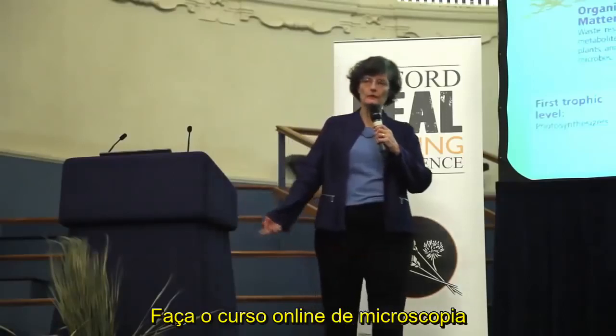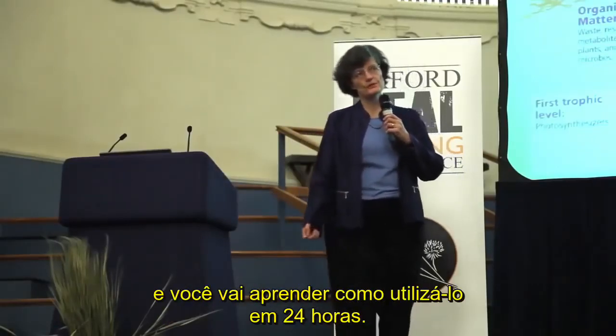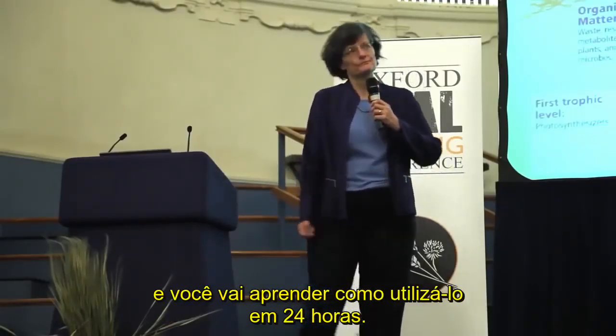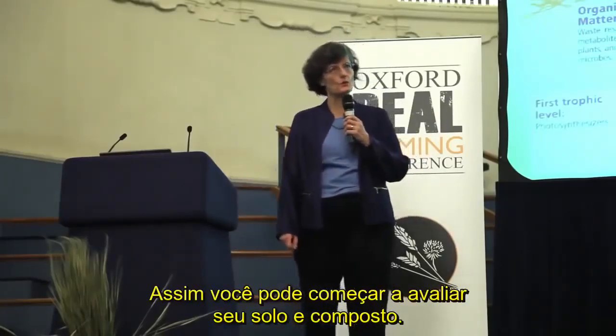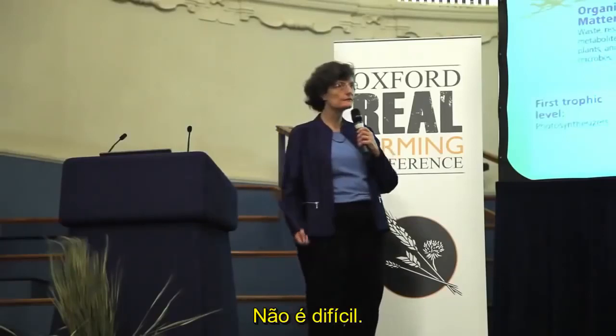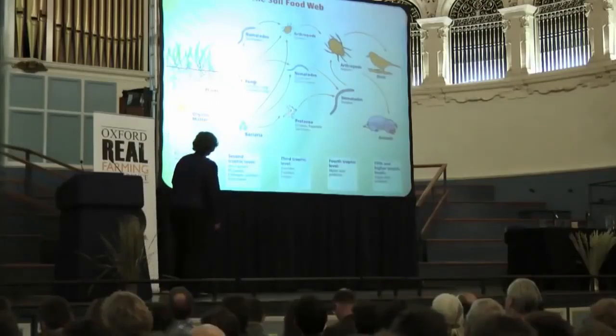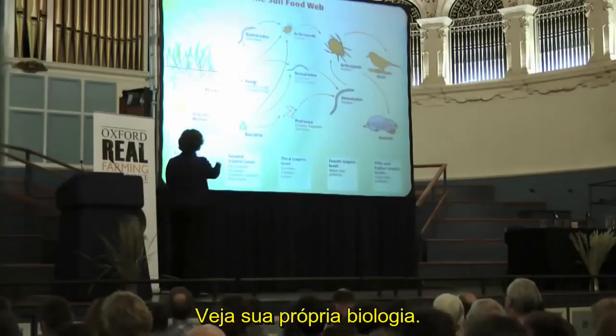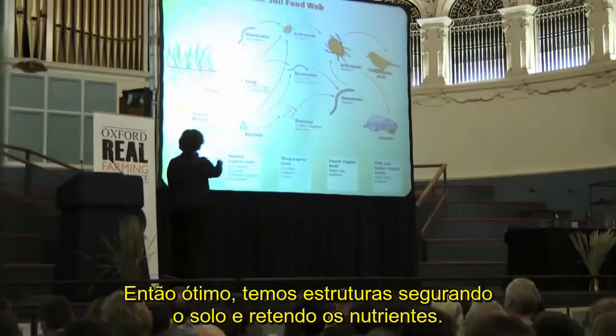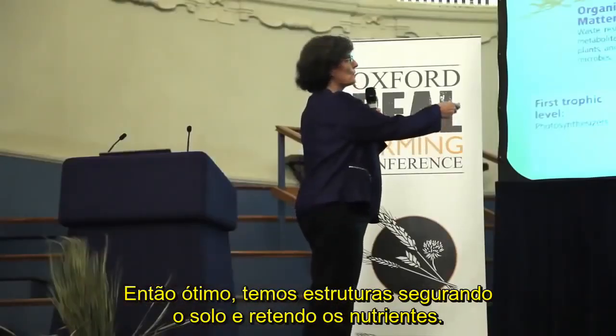Take the online microscope course, and you learn how to use that microscope in 24 hours. Now you can start assessing your own soil, your own compost. It's not difficult, it's not hard, and you don't have to be sending those samples into the soil chemistry lab anymore. You look at your own biology.